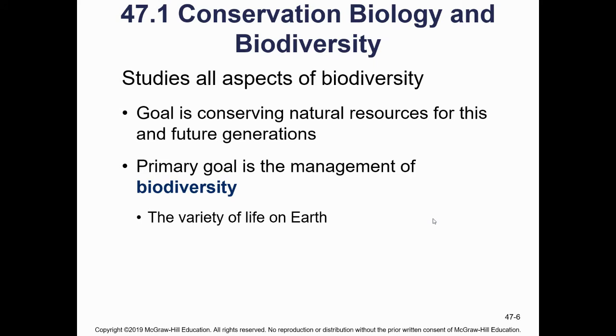So conservation biology is the study of all the different aspects of biodiversity, and its goal or its intent is to understand biodiversity in the context of ecosystem, environmental, and human health, so that we can protect that, so we can manage these ecosystems in a way that maintains biodiversity, or the variety of life on Earth, so that we can have and use these natural resources for this and future generations.